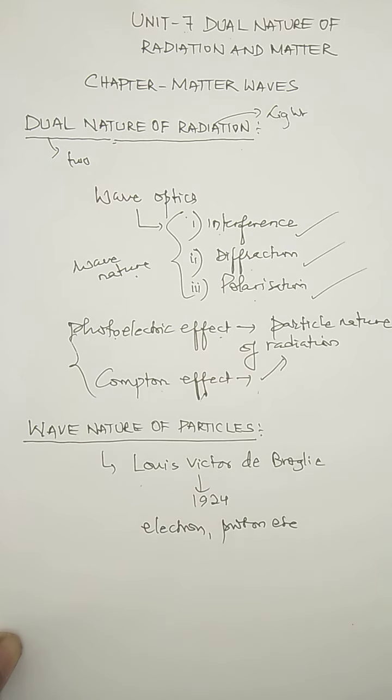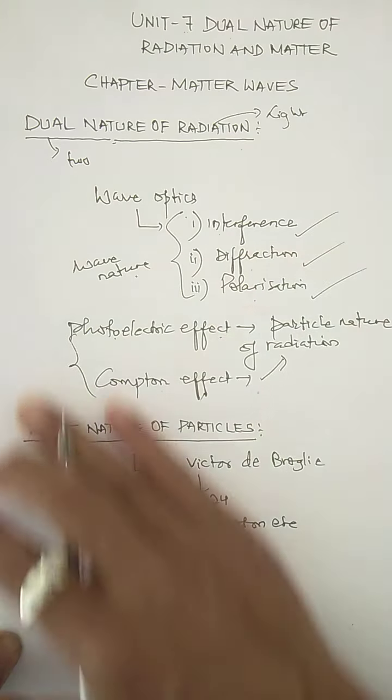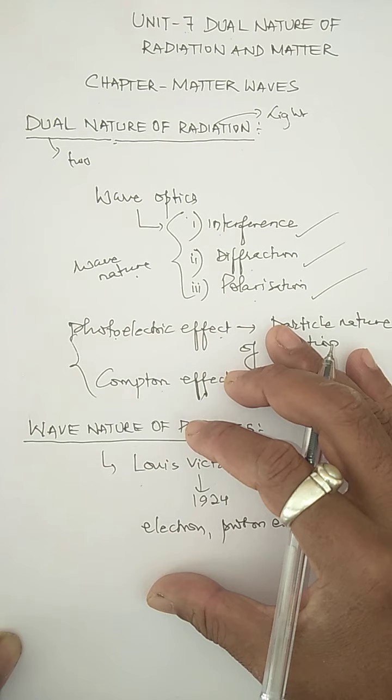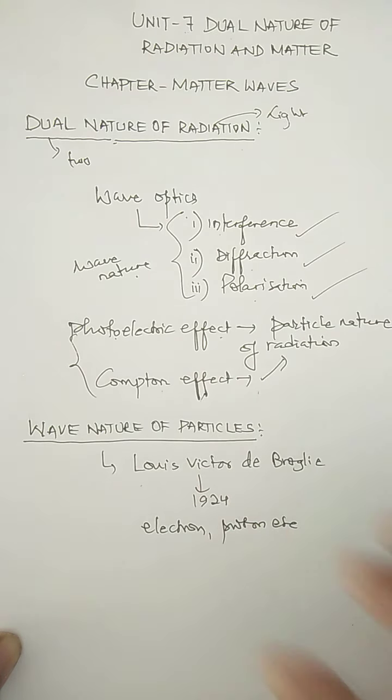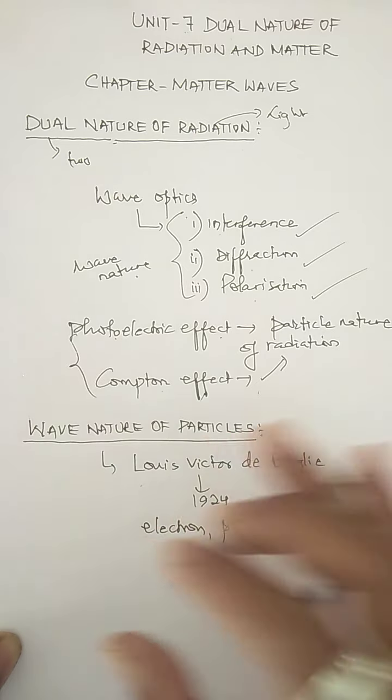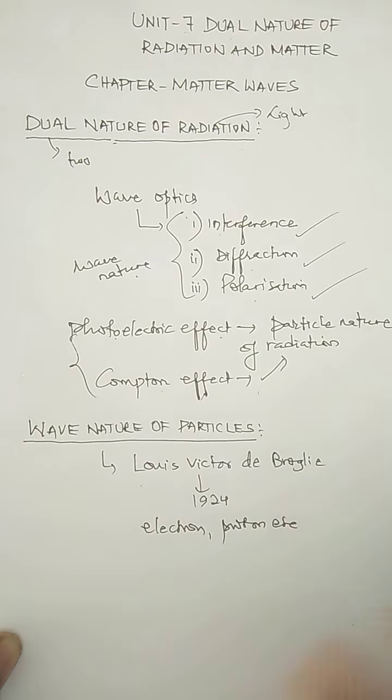By considering this idea as a hypothesis, Louis Victor de Broglie made a conclusion based on the observation that the entire universe is composed of matter and radiation. And children, this matter and radiation are always symmetrical to each other.